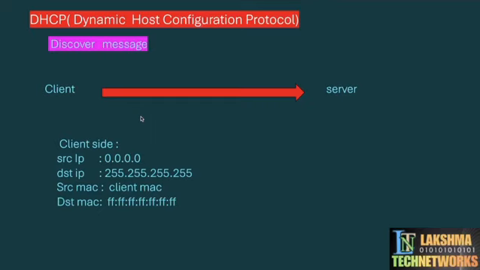Whenever a device is connecting to the LAN network, initially we don't have an IP address, we don't have an IP configuration, right? At that time the source IP is 0.0.0.0. The destination IP address would be the server IP address, but at the time of connection we don't know the server IP address.